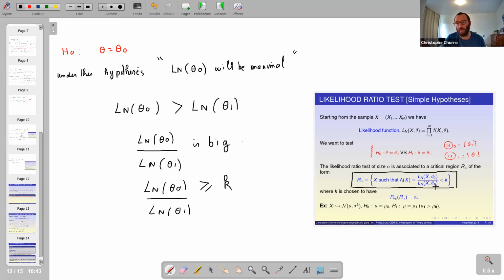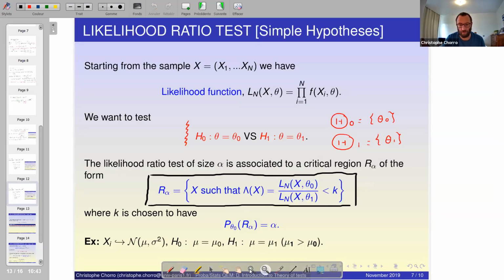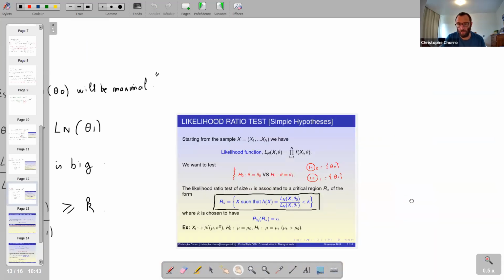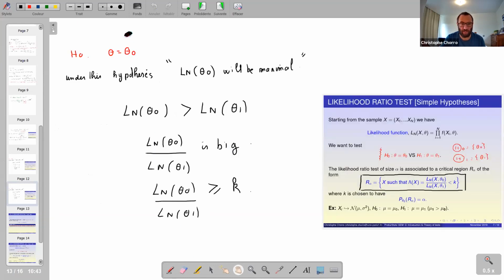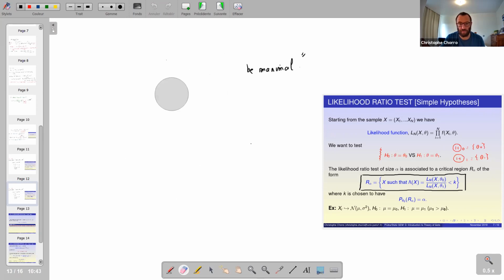For building my test, you see that this test here will be built on a statistic. So our statistic of interest is what? I denote it by capital lambda of x.